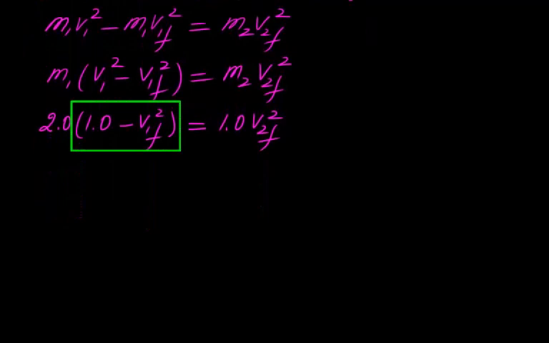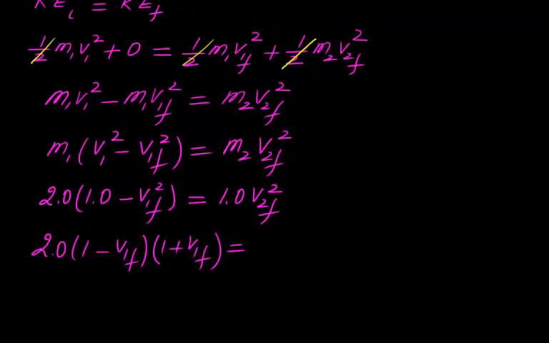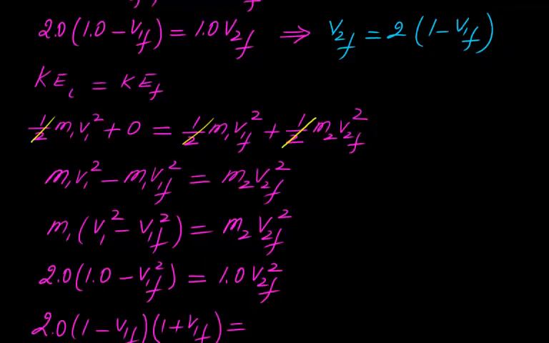Apply the difference of squares relationship to this term. This becomes 2 times 1 minus v1 final times 1 plus v1 final equals the v2 final squared. The v2 final was found earlier to equal 2 times 1 minus v1 final. Let's substitute for that expression.